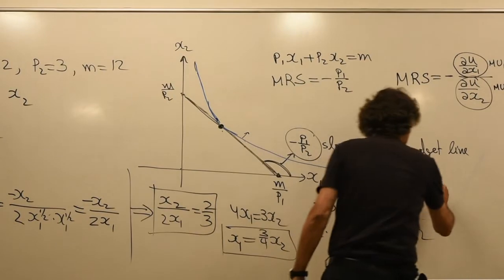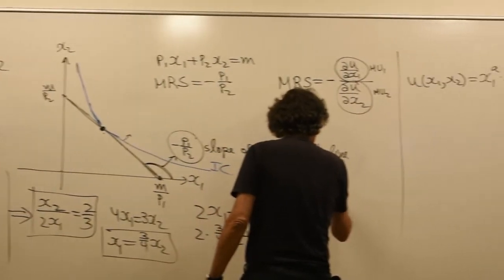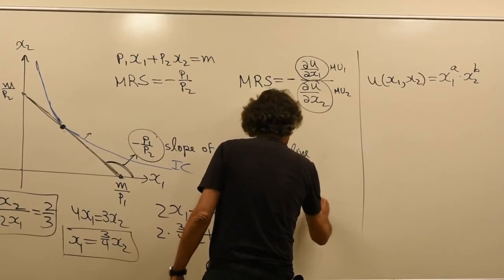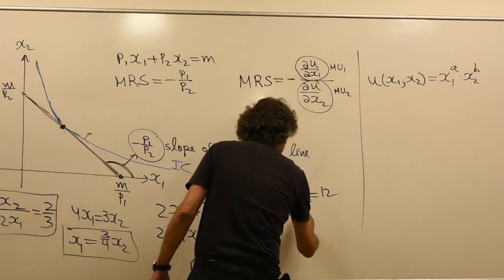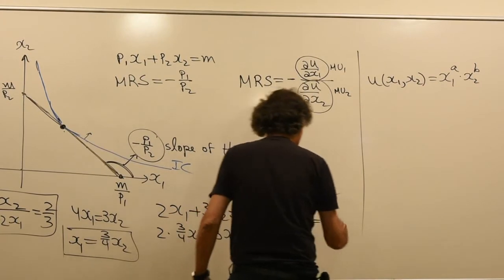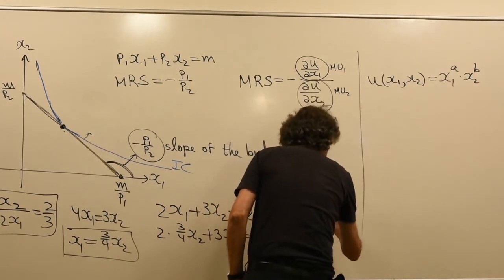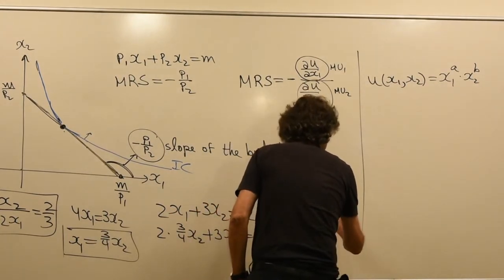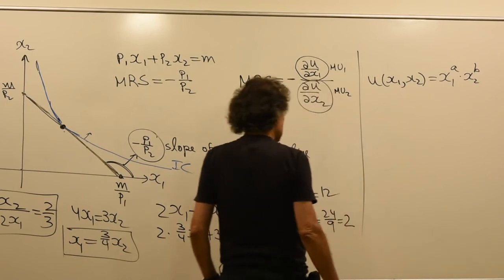So let me write it down. 4.5, which is 9 over 2, x2 equals 12. x2 star, the optimal one, is 24 over 9, which is 2 and 2/3.